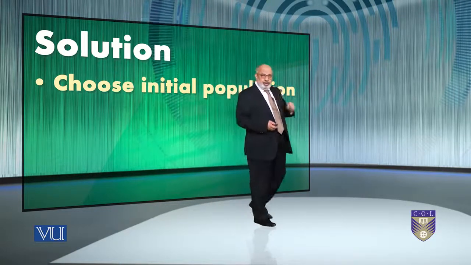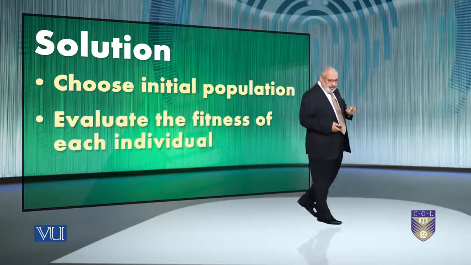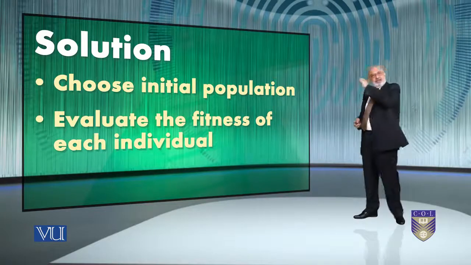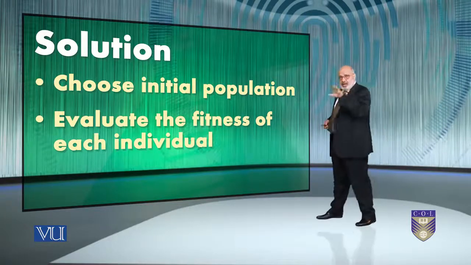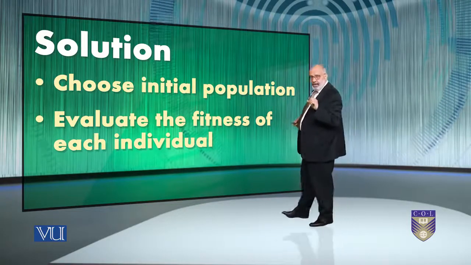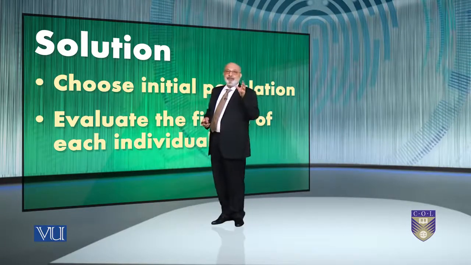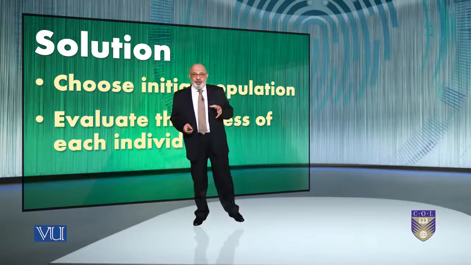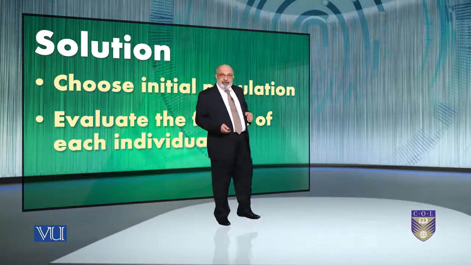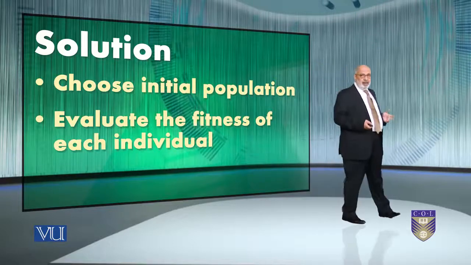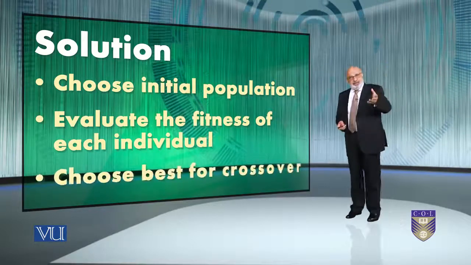So choose the initial population and evaluate the fitness of each individual. In the case of that 32-bit problem, we were counting the number of ones in the binary representation. Here we are evaluating the function of each individual board position that we have selected randomly. And then from those individuals, choose the best.